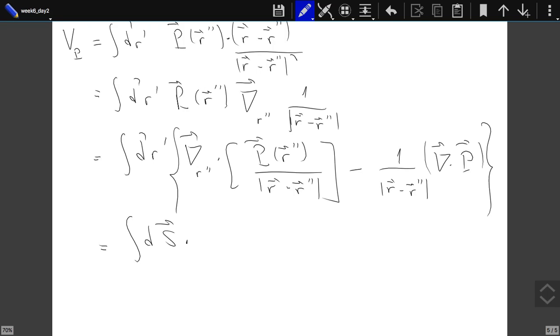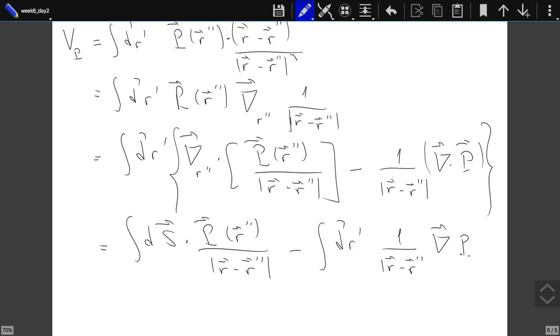the integral over a volume of a divergence. I can always convert it into a surface integral of P divided by |r minus r double prime|, and minus the integral d cubed r prime of 1 over |r minus r double prime| times the divergence of P. This is an integral over the volume.